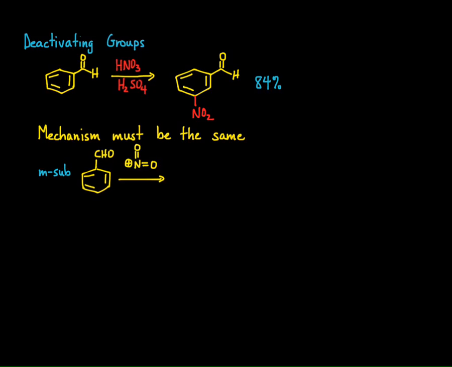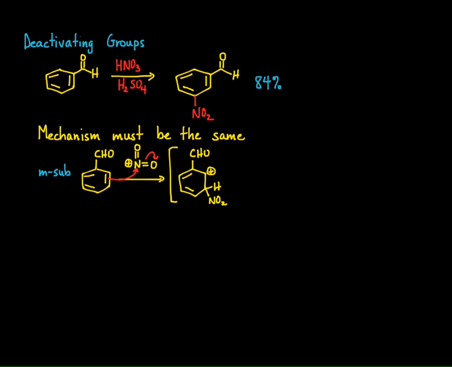So when I look at ortho substitution, I know in a nitration the nitronium ion is the electrophile, and so if I'm adding that nitronium ion to the ortho position, I'm going to take those pair of electrons on the right hand side of the benzene ring and attack the nitrogen, displacing a nitrogen-oxygen double bond, and I generate my cyclohexadienyl carbocation, where the carbocation is ortho to the aldehyde, right?